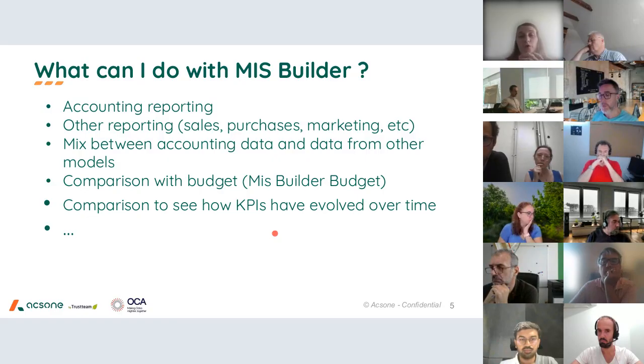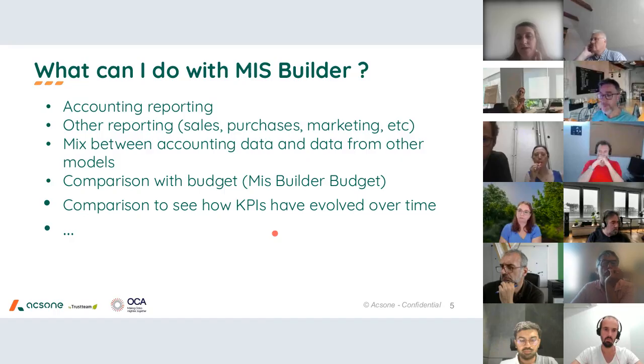You can also make comparisons with budget. There are MIS Builder budget applications, and that allows you to make a budget in the KPI or in the account. And so in your report, you can make a comparison between the accounting data and the budget for the same KPI.